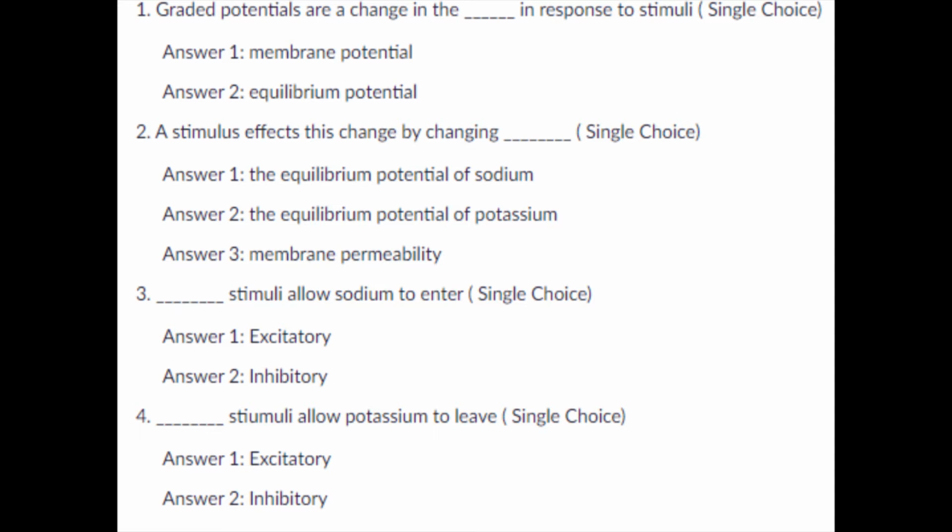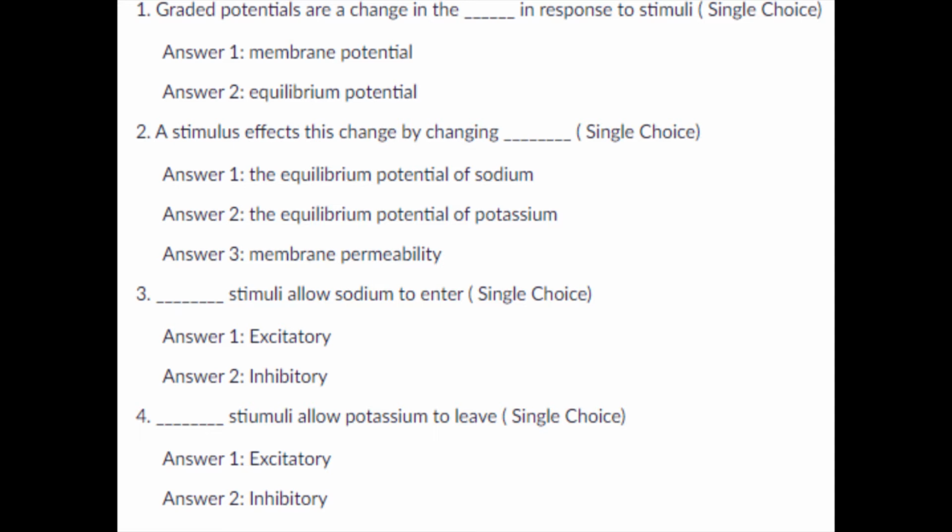is that at rest, we have our neuron. The membrane is pretty highly permeable to potassium, not very permeable to sodium. The total membrane permeability to either of those ions is dependent on the leak channels that are present. There are like 25 times more leak channels for potassium than for sodium.